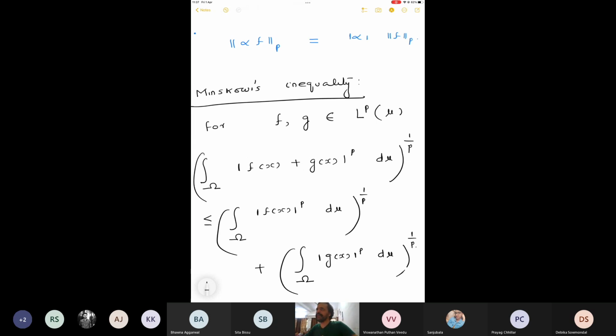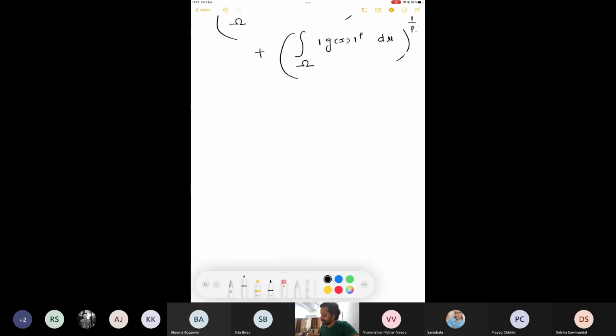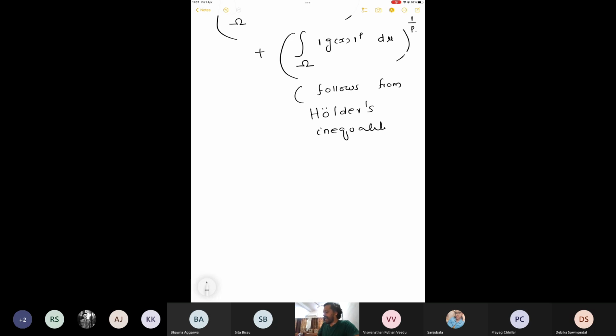If you want to prove Minkowski's inequality, first I have to establish the so-called Holder's inequality. Written Holder, but pronounced Helder. And all these things can be derived from the arithmetic geometric mean inequality.